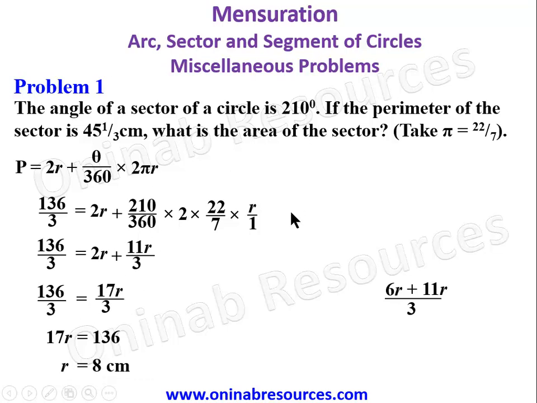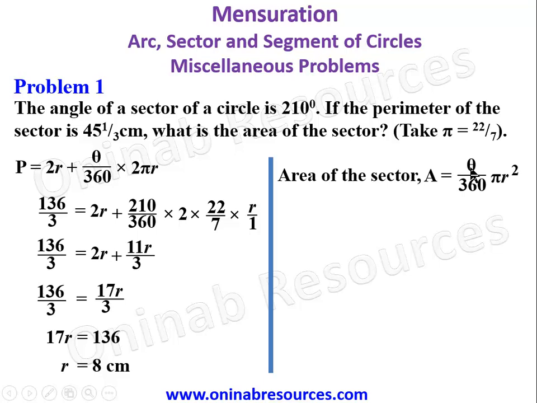Now we go ahead to calculate the area of the sector. To calculate the area of the sector, we know our formula as theta over 360 pi r squared. So we have area equal to 210/360 times 22/7, and our radius is 8, so times 8 squared.